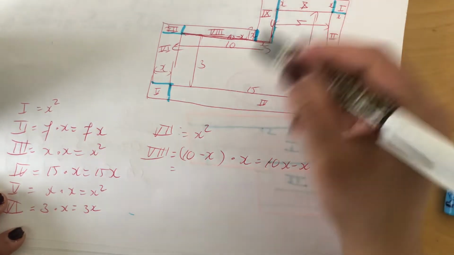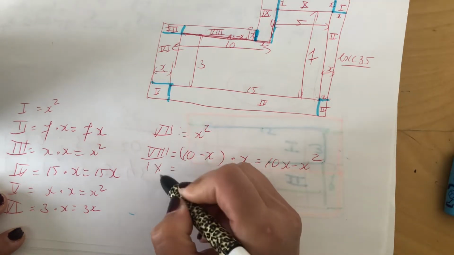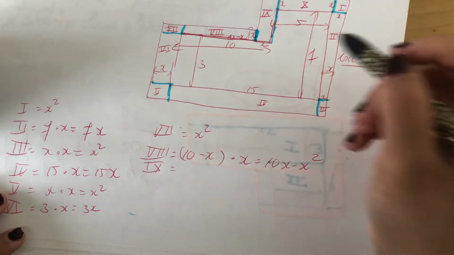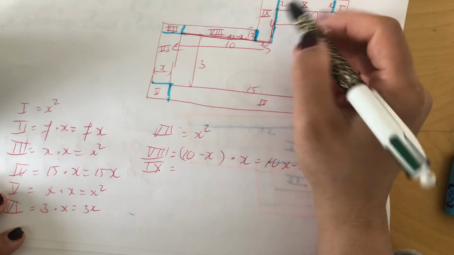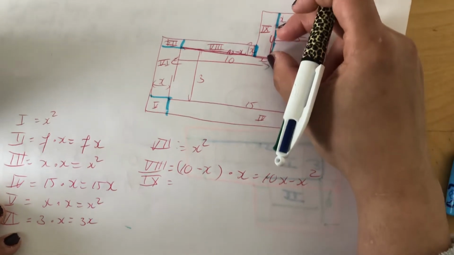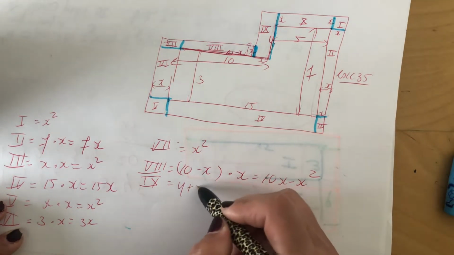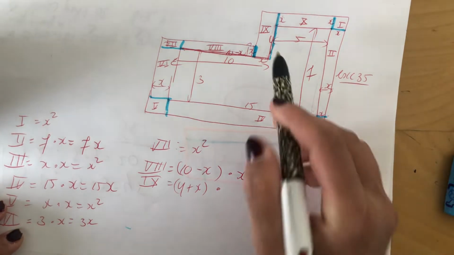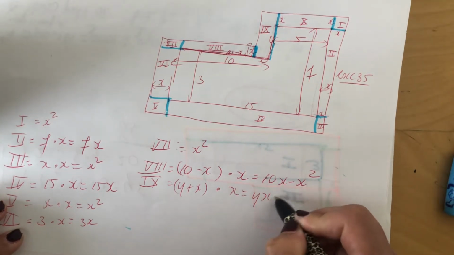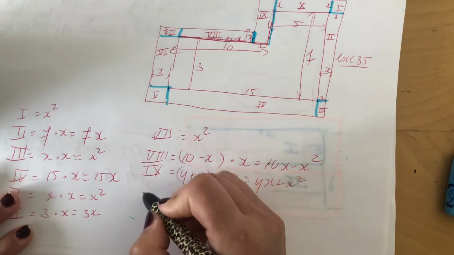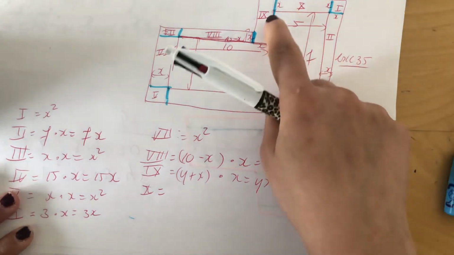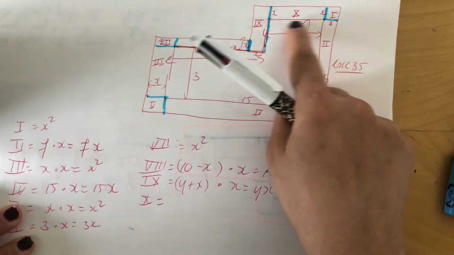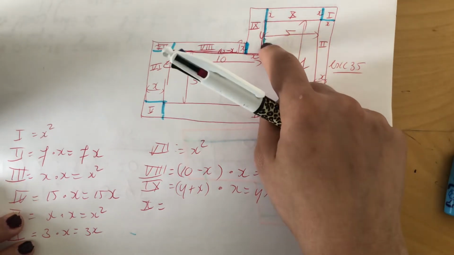Then the last part, not the last part, it's number 9. This part is 4, so 4 plus the x times another x, 4x plus x squared. And then, really the last one over here, this is 5 plus x.